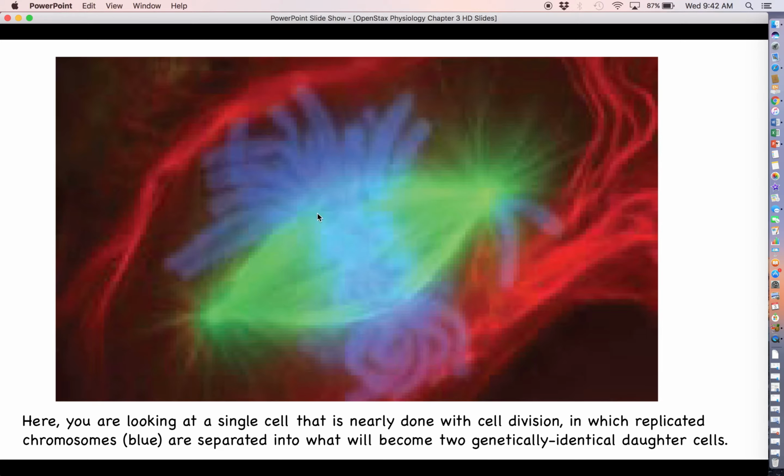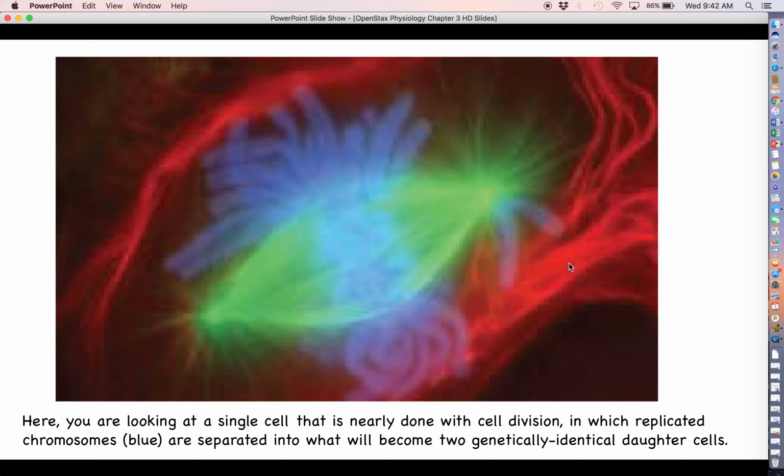Everything that you see in blue here, these are all of the chromosomes that have been duplicated, condensed, and are now being separated. Those are made up of nucleic acid and protein. In green here, we have microtubules, which are protein filaments that attach to the kinetochores of the chromosomes and start to pull them apart.